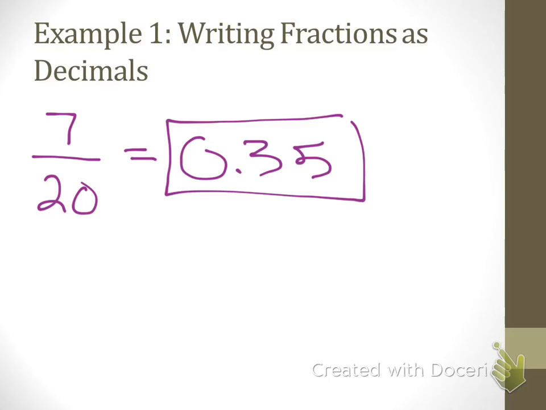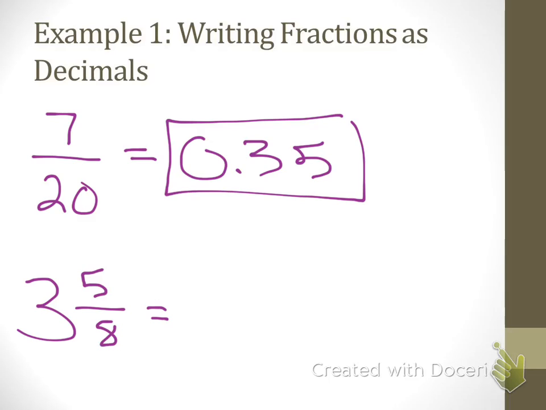Now, what if you had a mixed number like 3 and 5/8? For 3 and 5/8, you could just divide 5 divided by 8 to get the decimal. I think that tends to be a little more confusing, but if you want to do it that way, you can.